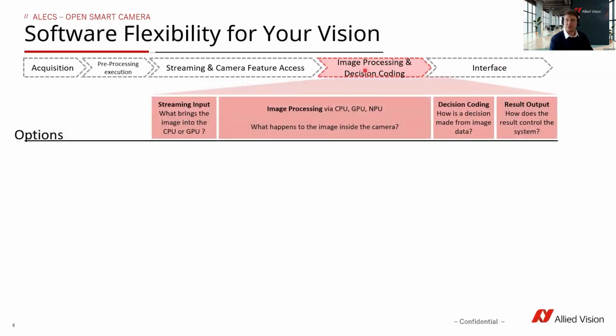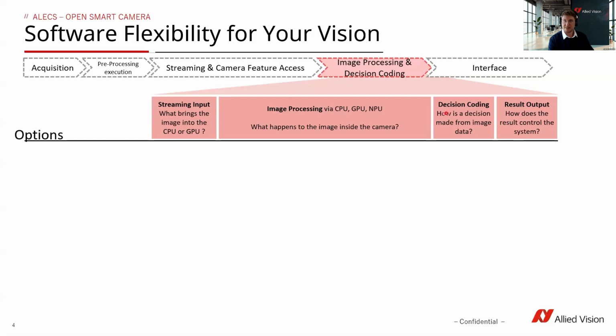Talking about the customer-interesting part, the image processing and decision coding. Each time you want to develop a machine vision application with an open smart camera, you need to ask yourself, okay, where can I get my image from? And that's the point, how can I get access to the streaming of the camera inside the system?